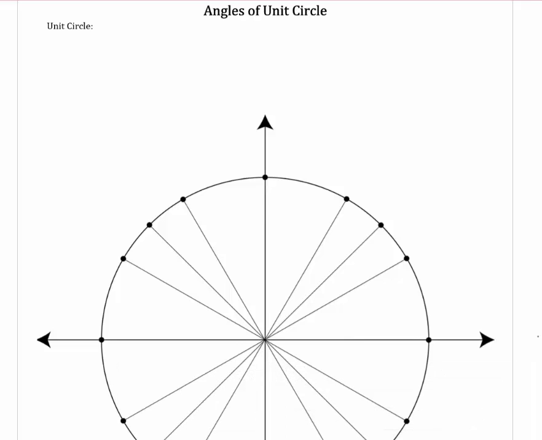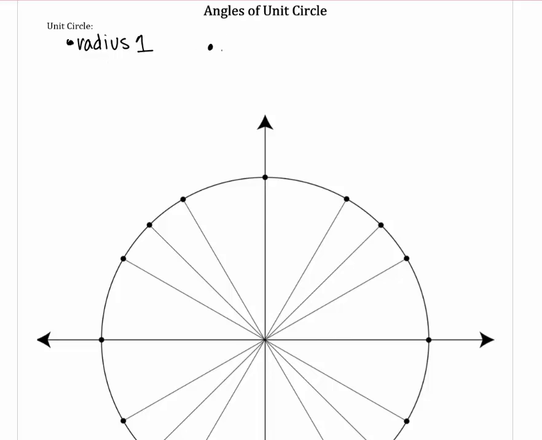Hi everybody, today's lesson is all about the angles in what we call the unit circle. The unit circle is very special. It has radius 1, so the distance from the center to the edge of that circle is 1 unit.